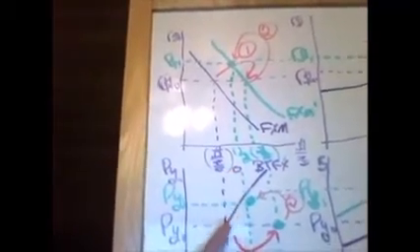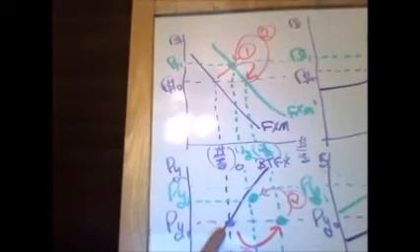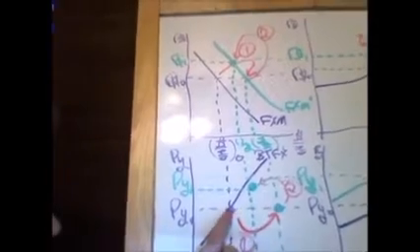Then that immediately moved this off the BTFX curve down here to this green point right here. So that was the number one.